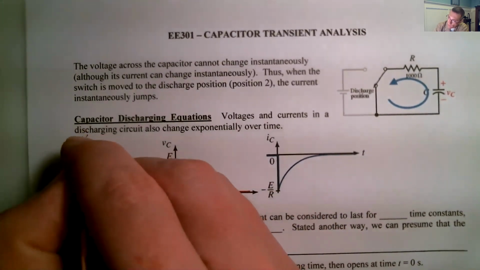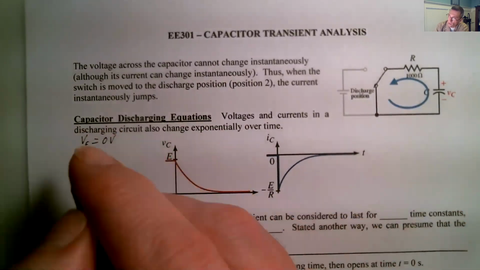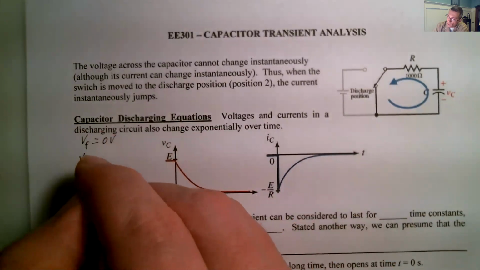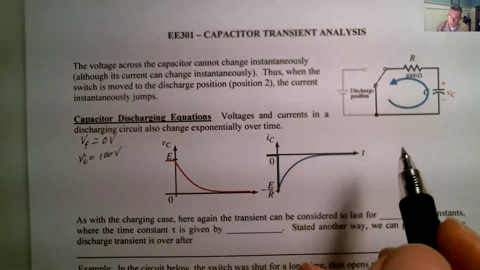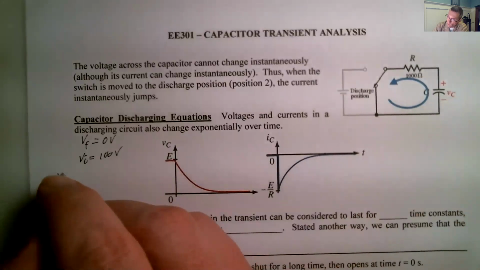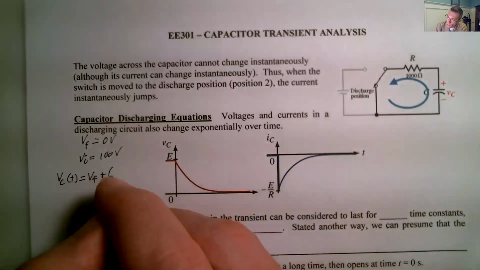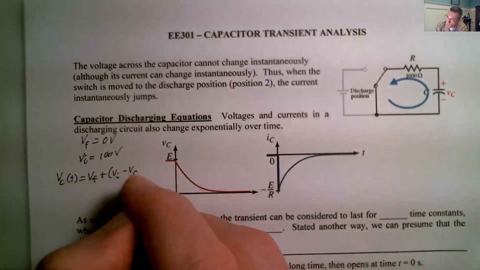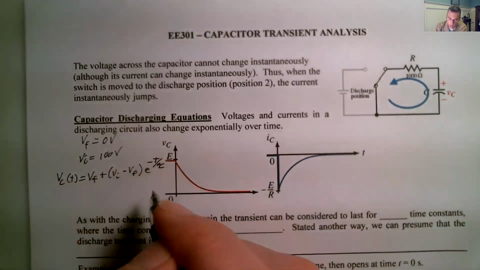Now this time V final equals 0 volts, because at the end of all this, there's no source. V initial was 100 volts, okay? Because it's just going to discharge until there's nothing left. So VC of t is equal to V final plus V initial minus V final, e to the minus t over tau.